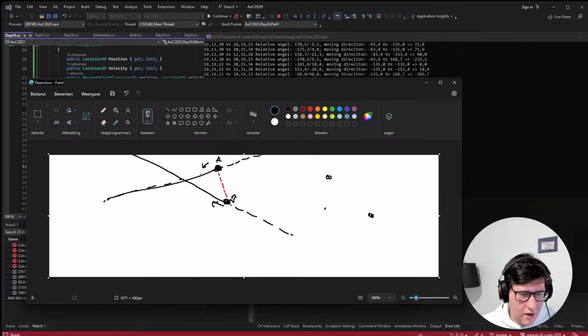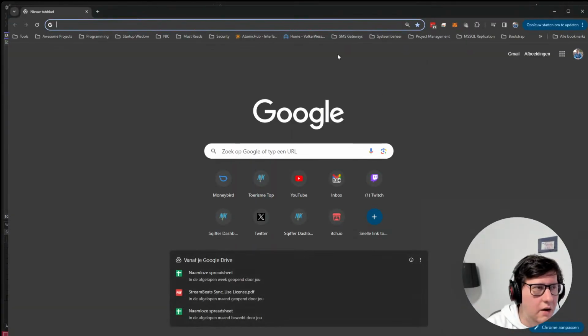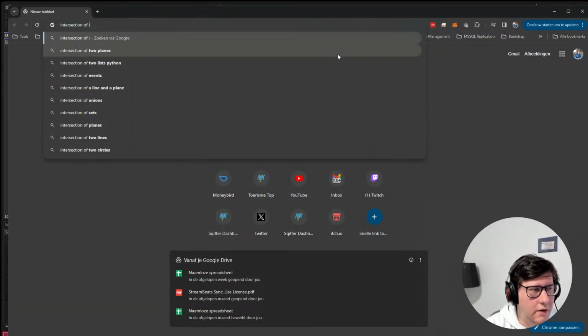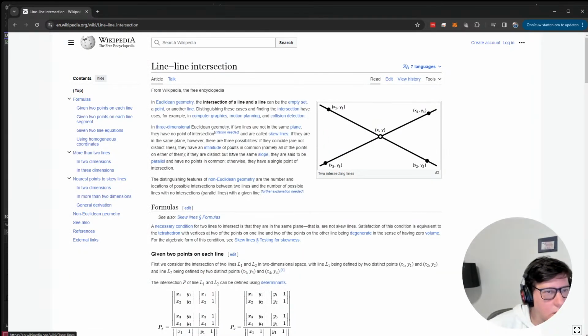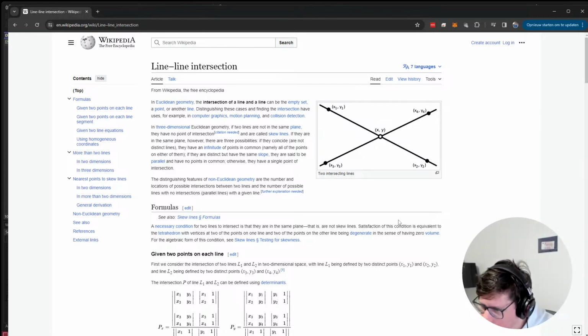Okay. Intersection of infinite lines does not deal with angles directly, but does use cross product of two lines, that is indirect angle of two lines. Okay.